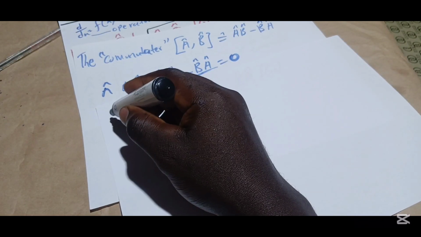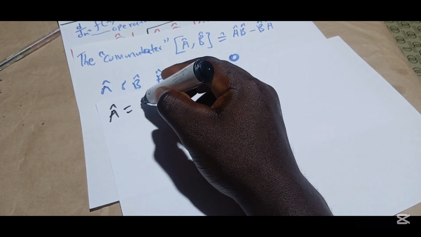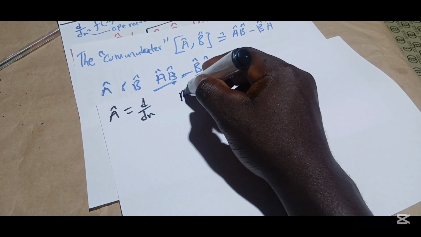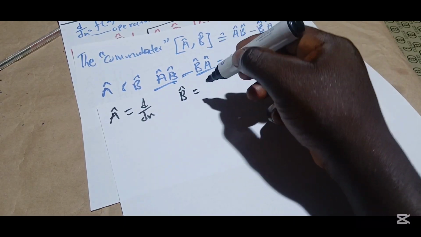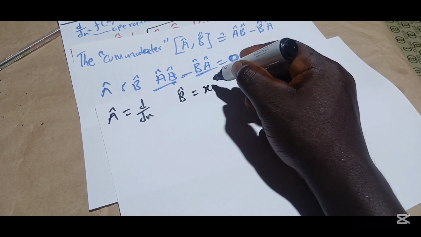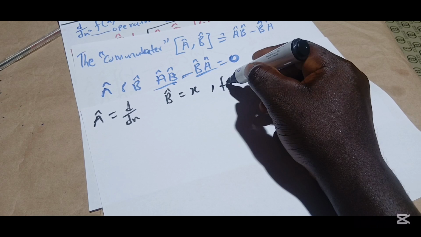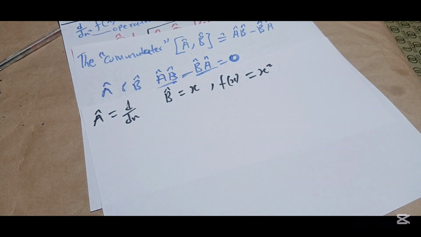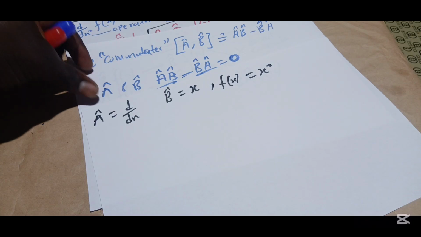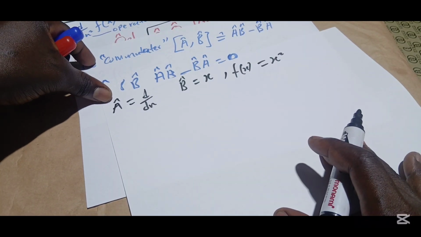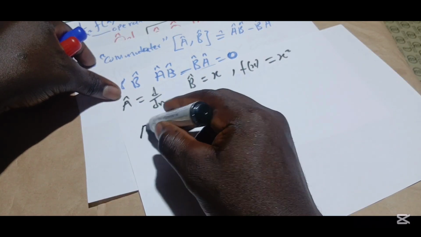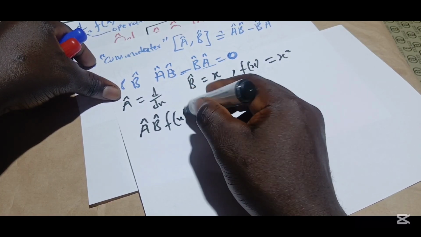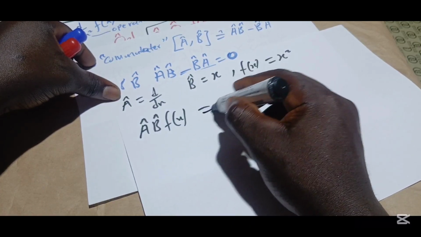Let's say we have operator A to be d dx, and then operator B to be x, and then our function f of x equal x squared. We want to see whether these operators do commute. And then the rule is that whichever way, it should be the opposite of the other.